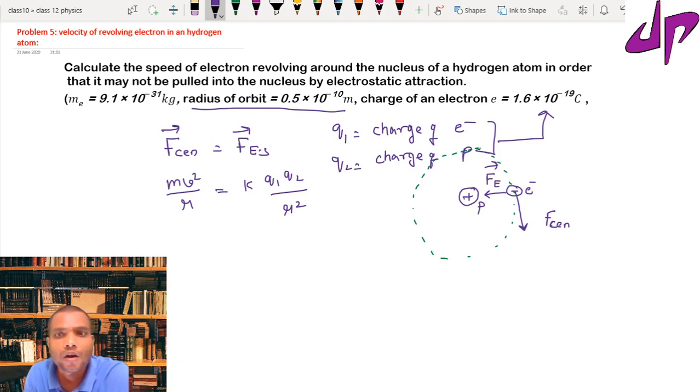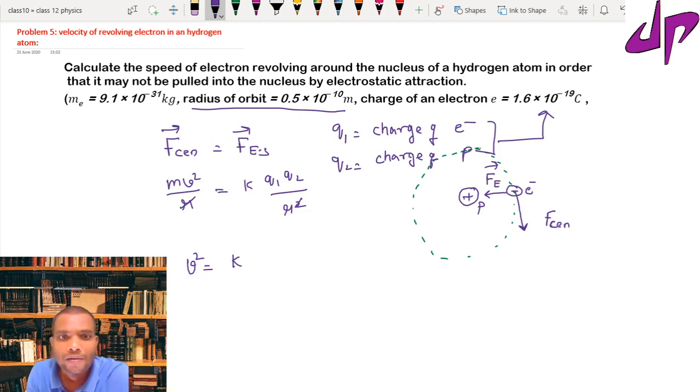So this is the orbit, and if you simplify this, one r gets cancelled, and we need to calculate the velocity. So I will rewrite the expression: v square equals k times, in the place of the charges q1 and q2, I want to replace the charge of an electron.